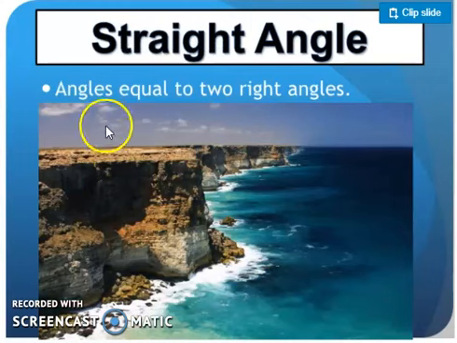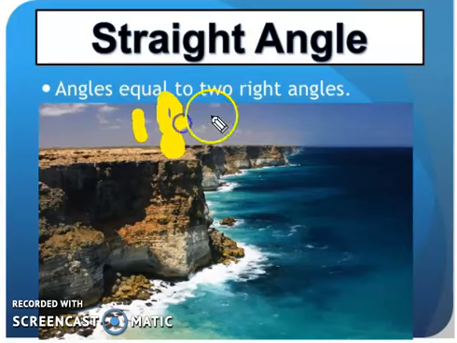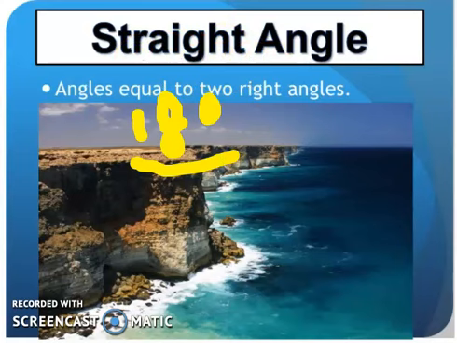Now straight angle. Angles equal to two right angles. So a straight angle is equal to a 180-degree angle. I will just explain how we do it. 180 degrees is equal to a straight angle.